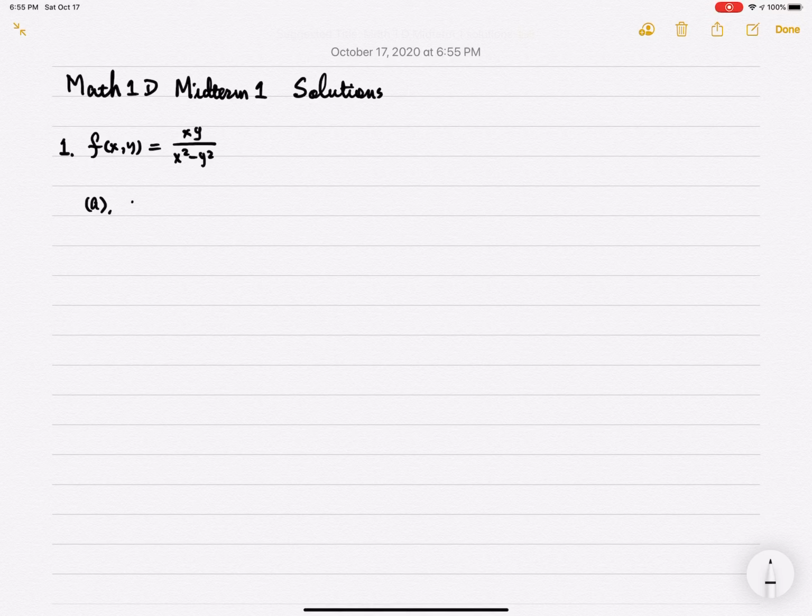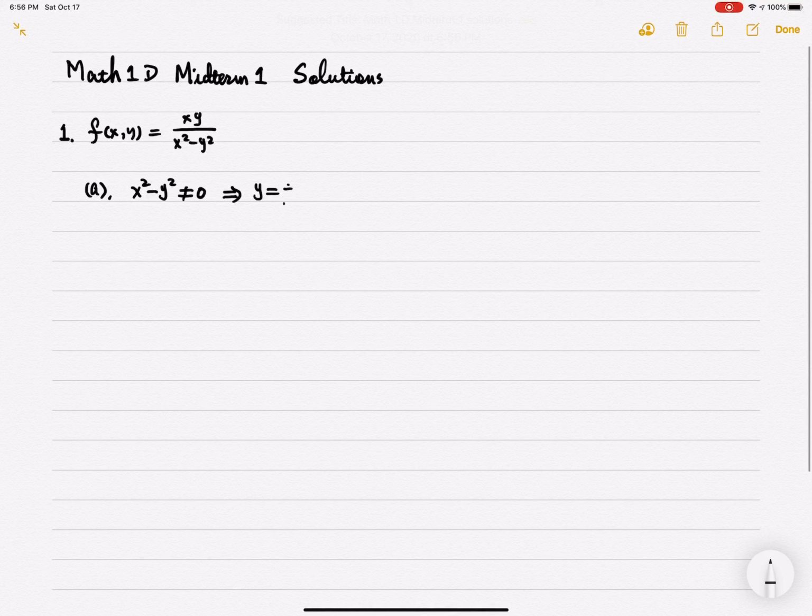So the domain, of course, is all the xy values such that the denominator is not equal to 0. This is equivalent to y not equal to positive or negative x.